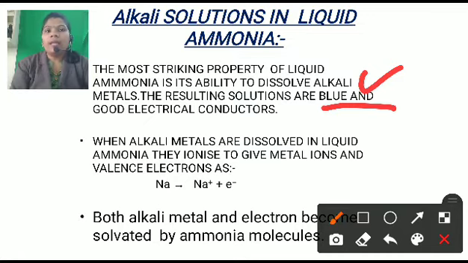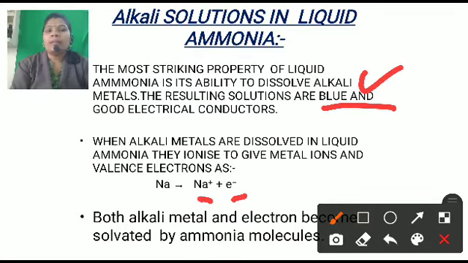When the alkali metal is dissolved in liquid ammonia, the alkali metal ionizes to Na+ and releases the electron. It ionizes to the ion and the valence electron.